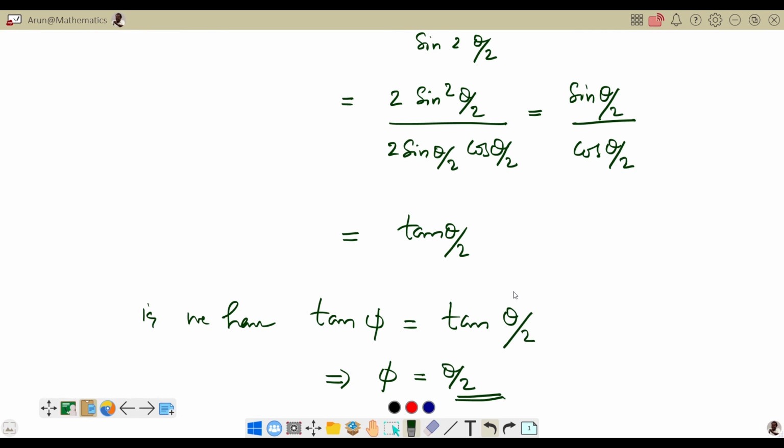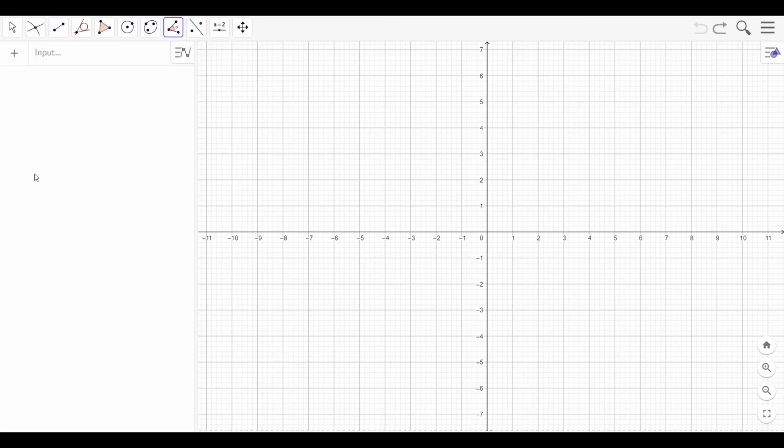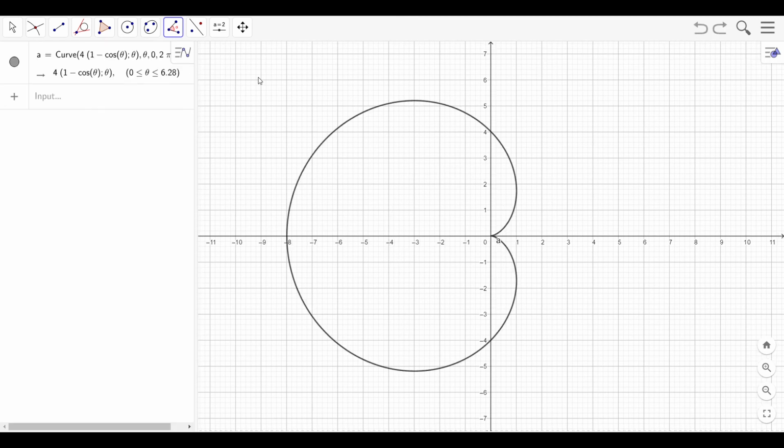We can verify this using GeoGebra. We can illustrate the previous problem using GeoGebra. So you consider the curve r equal to 4 into 1 minus cos theta. So this is the cardioid. So you mark a point on the cardioid.